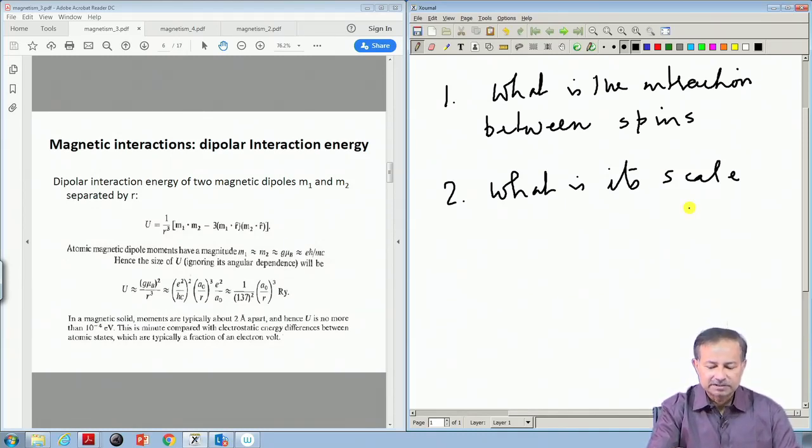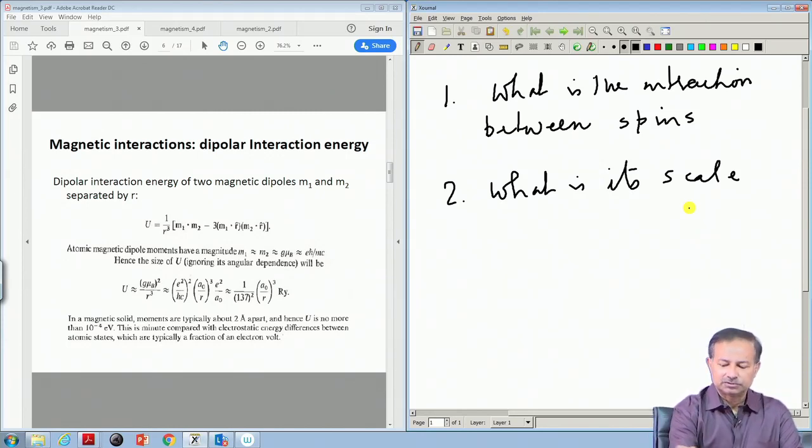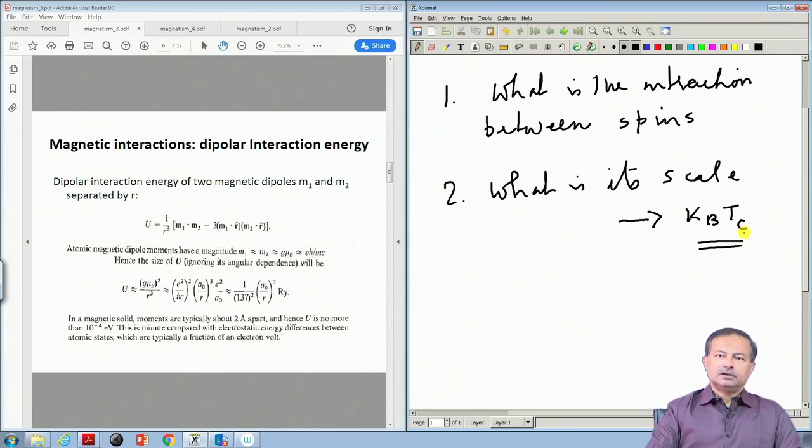As I said, the interaction scale is already set by the Tc. So, kBTc is the ordering energy, a typical ballpark figure. So, that is something we know, and in this case we know the ground state, right, the order.